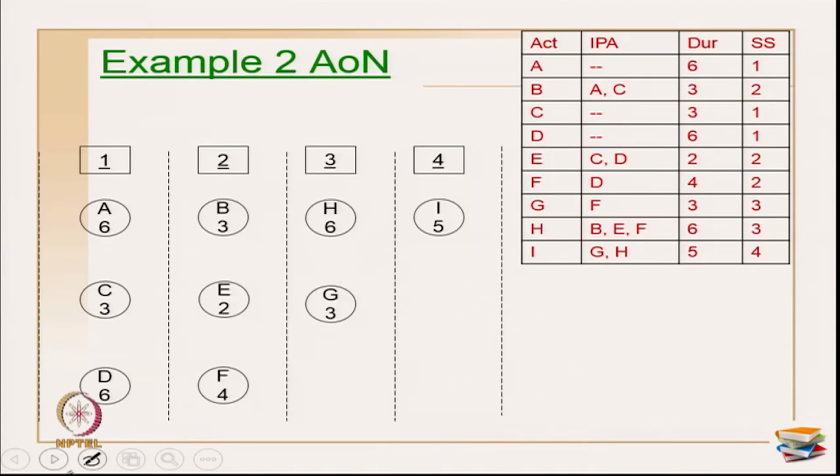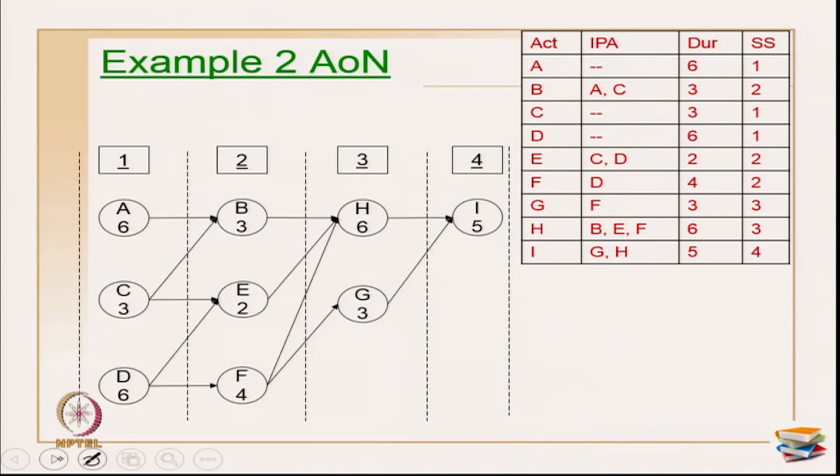Now, with this we will go back to the example, not the same, I would say this is another hypothetical example. The sequence steps are as I have given earlier. These are the 4 sequence steps and all these activities are listed as per the sequence step in this figure. I am not explaining the sequence steps again because this is known to you. Now, the next step is to connect all the relationships for all these activities.